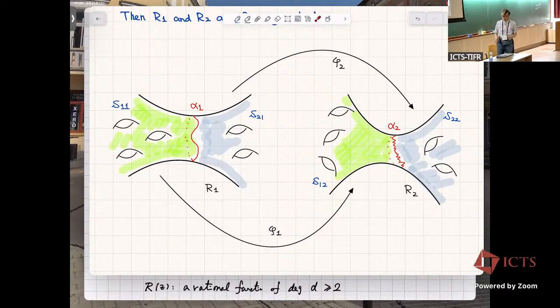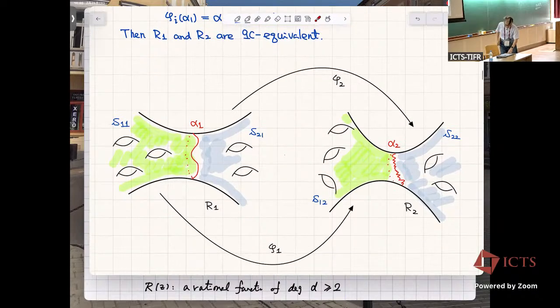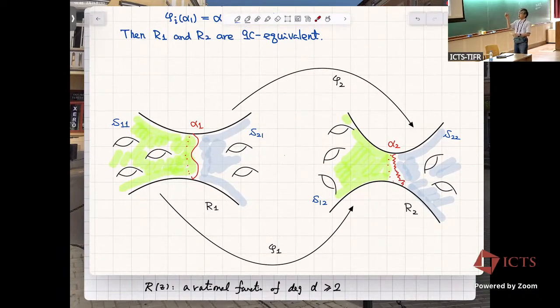But I don't care about such things. I only assume the existence of such quasiconformal mappings. And the conclusion is then we can take a global quasiconformal mapping from R1 to R2. So we can glue phi1 and phi2 near the Jordan curve alpha1. Maybe experts of quasiconformal mappings believe such things, but I give a rigorous proof of this lemma.